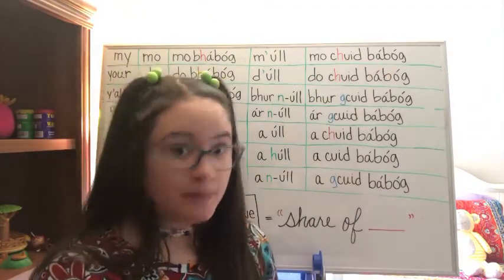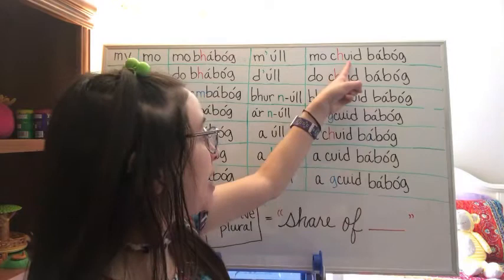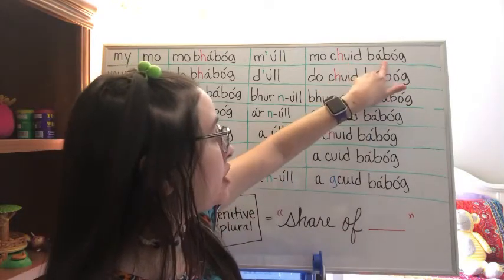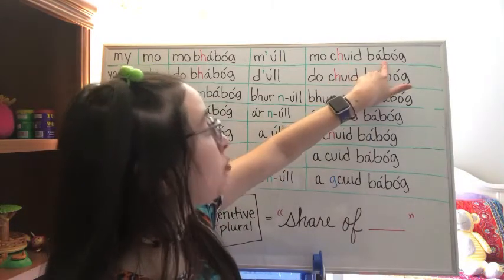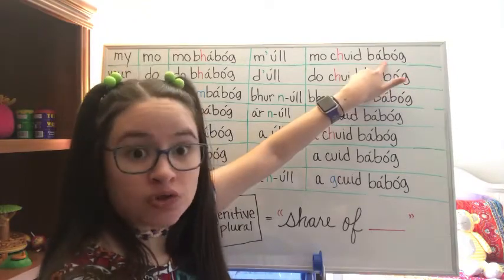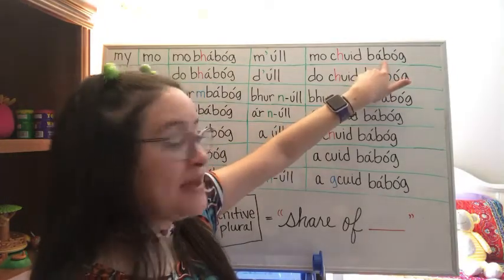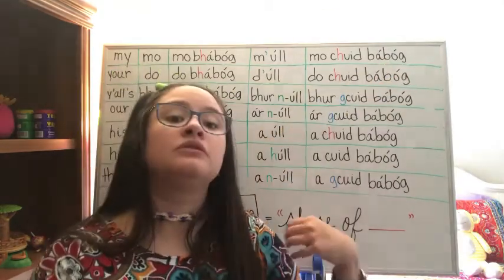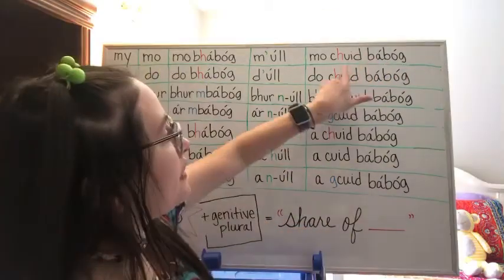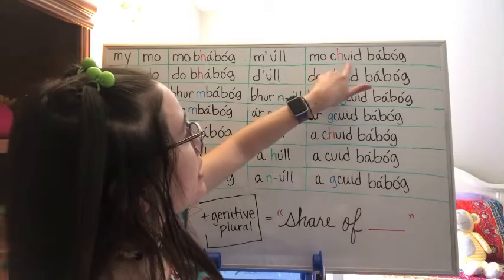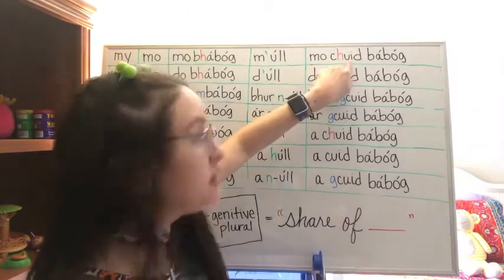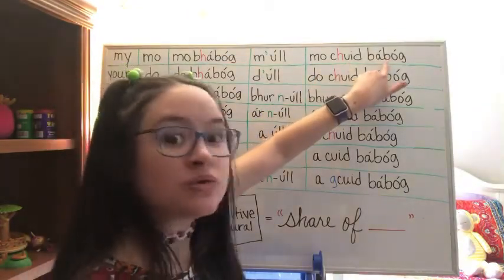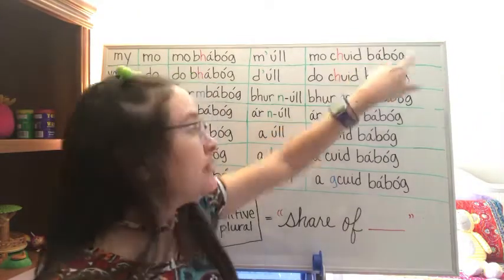Well, if you'll remember, cuid means share, and bábóg here is the genitive plural of doll, which happens to be, in this case, identical to the nominative singular. But the thing you're actually possessing here is the share. It's my share, and of dolls is more like a descriptor.